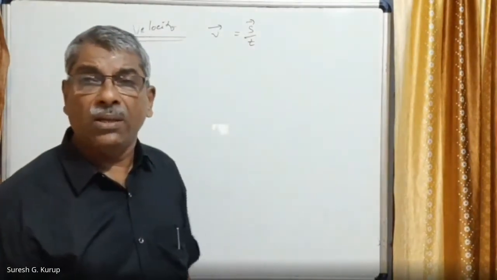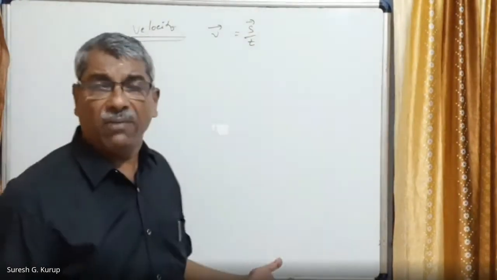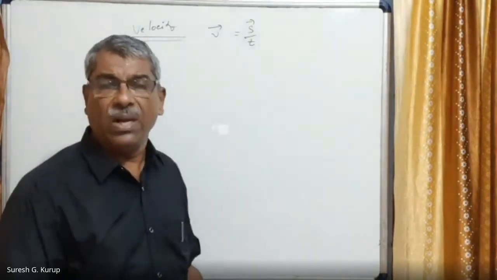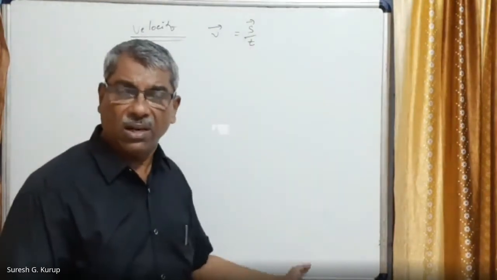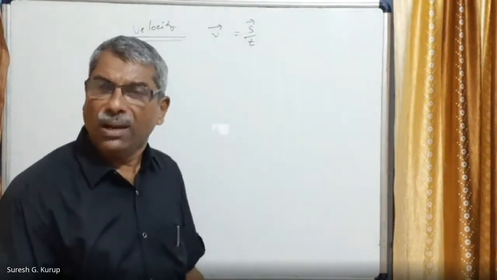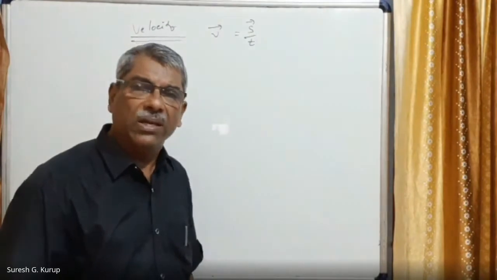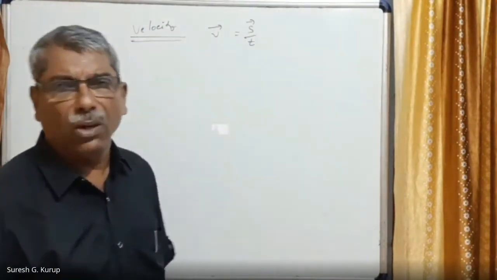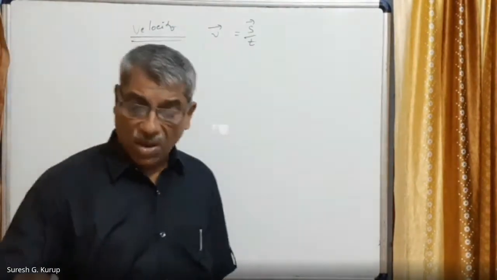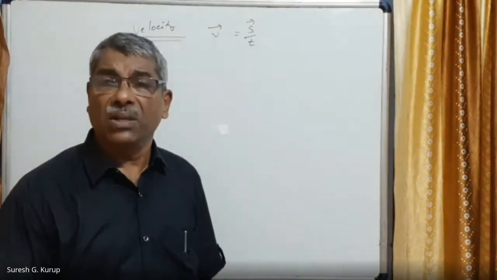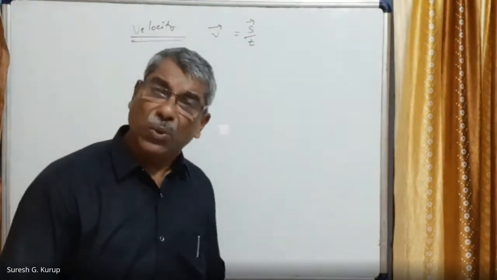It is a vector quantity, and so velocity can be zero, negative, or positive. But speed cannot be negative. Speed is always positive, right? But velocity of a body can be positive, negative, and also zero.